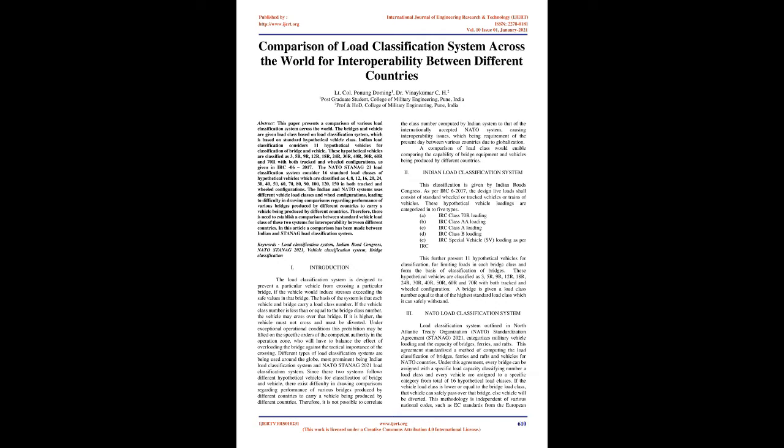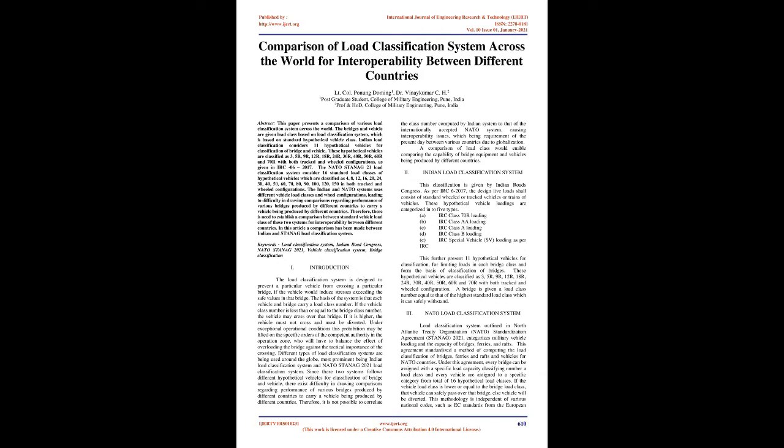2. Indian Load Classification System. This classification is given by the Indian Roads Congress. As per IRC 6 2017, the design live loads shall consist of standard wheeled or tracked vehicles or trains of vehicles. These hypothetical vehicle loadings are categorized into 5 types. A. IRC Class 70R loading. B. IRC Class A loading. C. IRC Class A loading. D. IRC Class B loading.